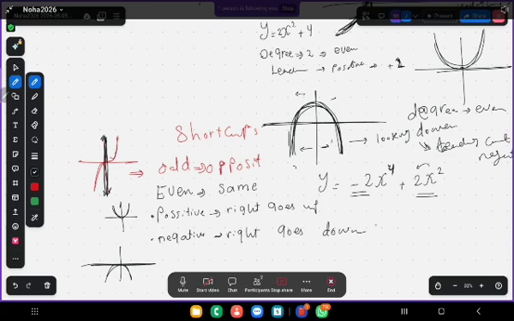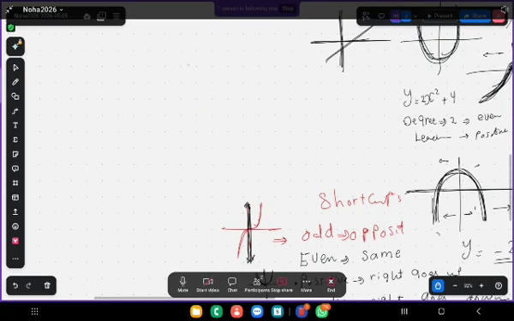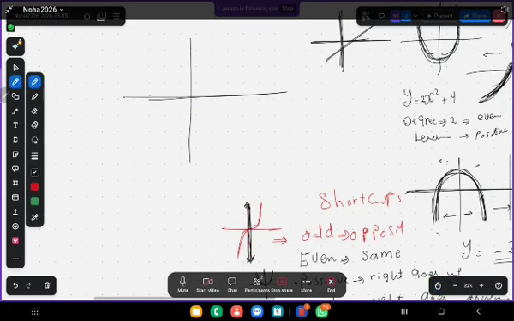Yes, it's okay. So finally, if I give you a graph and I ask you, just with your eyes, to give me some information here, and I ask you, do you think the degree here is odd or even? Odd, very good.